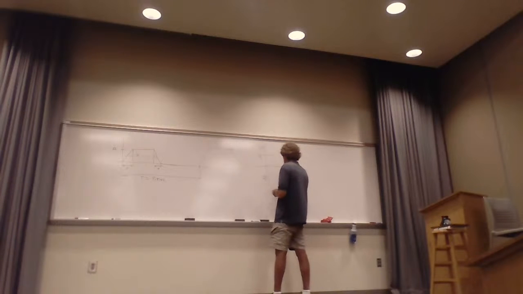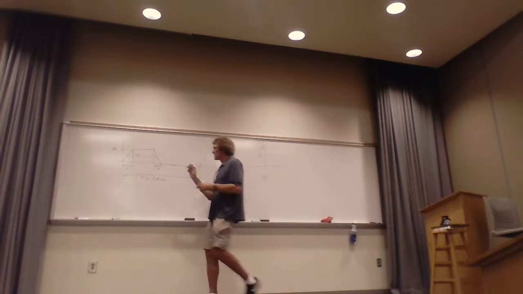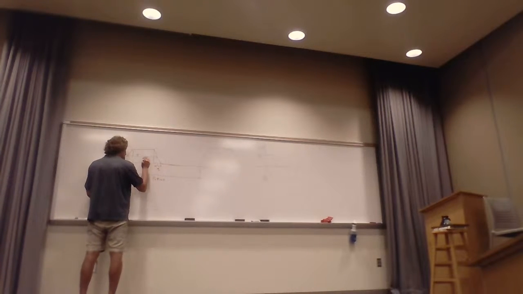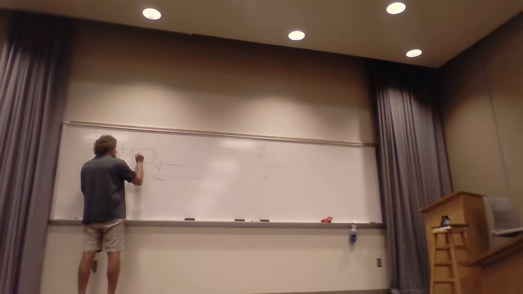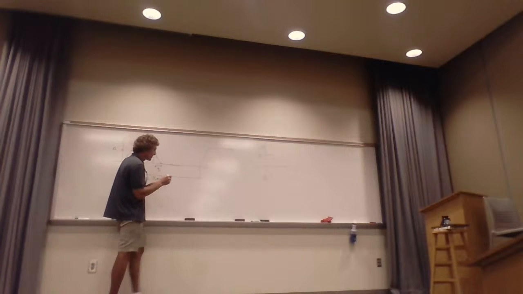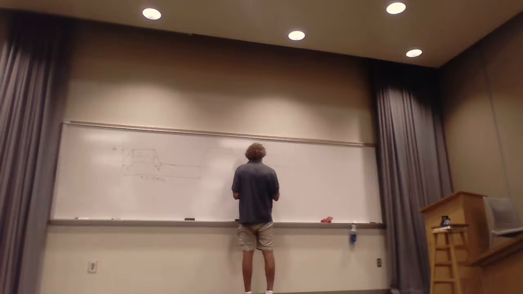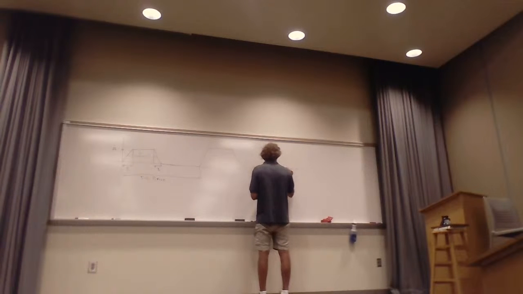And here, the actual length. Let me do it this way. Call this tau rise, and just call this tau, because it'll be consistent with what I'm about to give you. So this is tau rise, and this time from here to here will be tau.